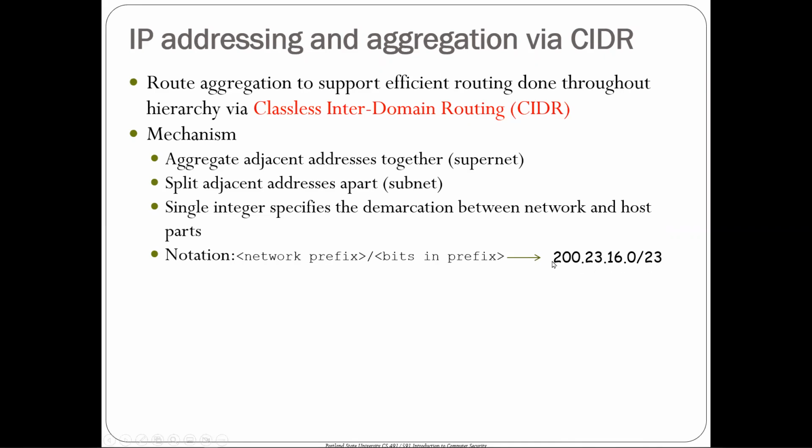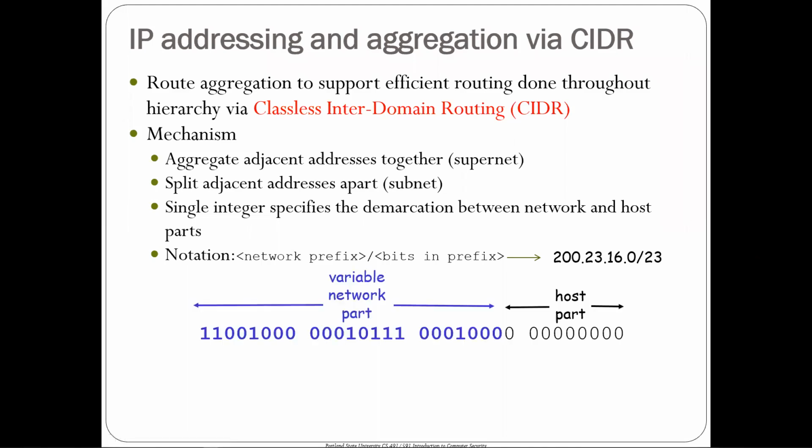So the first 23 bits of this network prefix are what is shared across all the IP addresses you're describing with this notation. The way this works is you take the 200.23.16.0 and expand out the binary for it. So this is 32 bits, and then you count off the first 23 bits. This is the first 23, this is the 24th, and then this is that last byte.